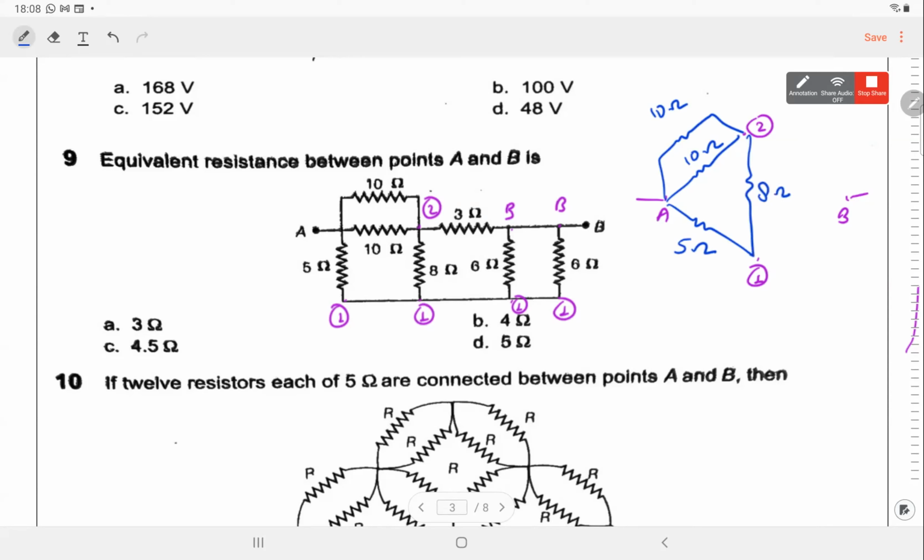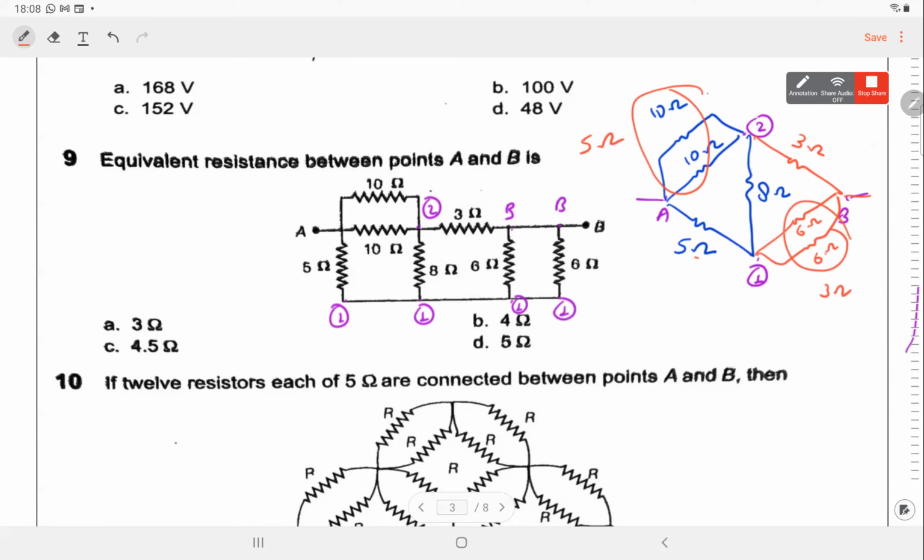Between 2 to B, there is a 3 ohm resistor at the top. And at the bottom, there are two resistors, each of 6 ohm. So ये क्या बन गया? अगर हम इस 10 को करते हैं तो ये become 5 ohm. Here 6 and 6 in parallel become 3 ohm.